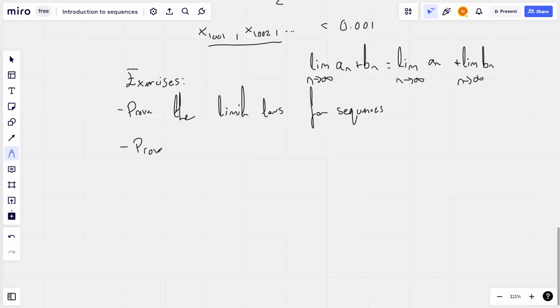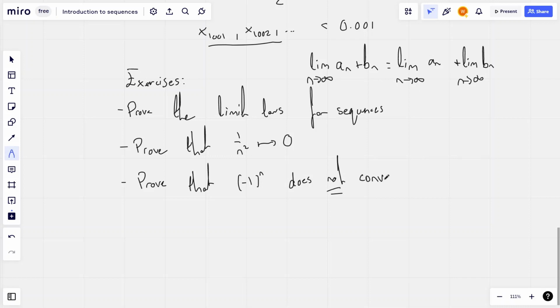Secondly, prove that 1 over n squared also converges to 0. Lastly, prove that minus 1 to the n does not converge.